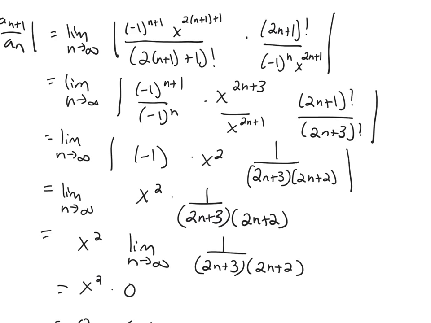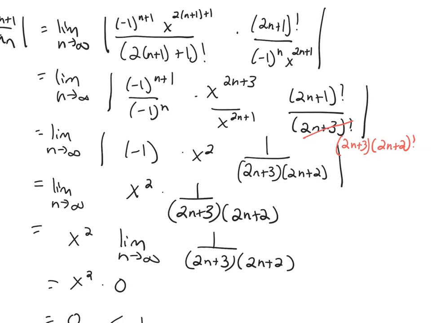So when you write from here to here, right? When you write (2n plus 3) factorial, you're going to rewrite that as (2n plus 3) times (2n plus 2) factorial, but the factorials still don't match, so I have to repeat that process again.